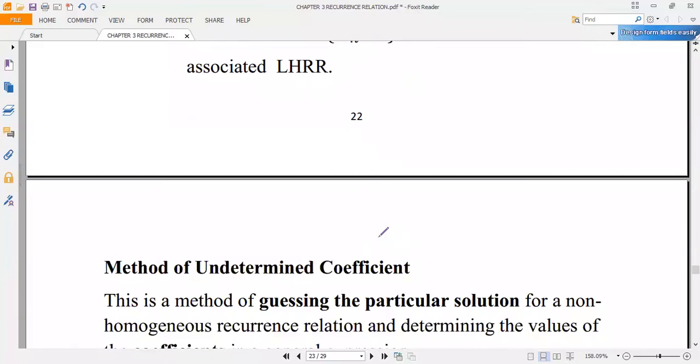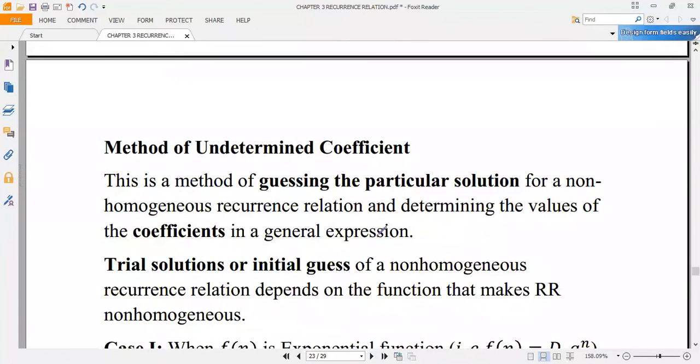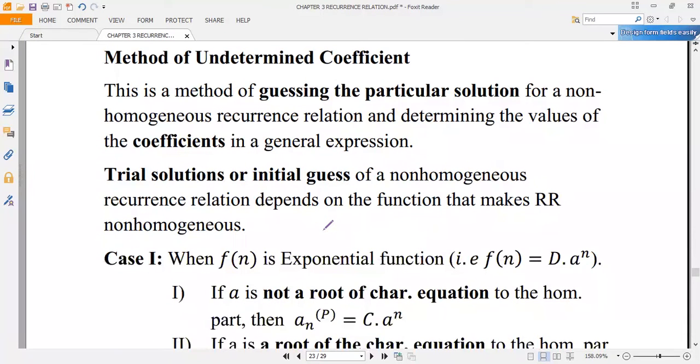To find the solution of the non-homogeneous recurrence relation, we use the method of undetermined coefficients. The method uses a guess for the particular solution and determines the values of the coefficients in the general expression of the solution.